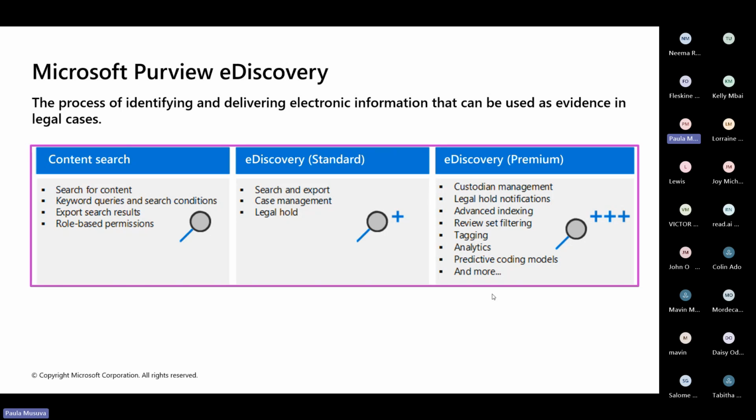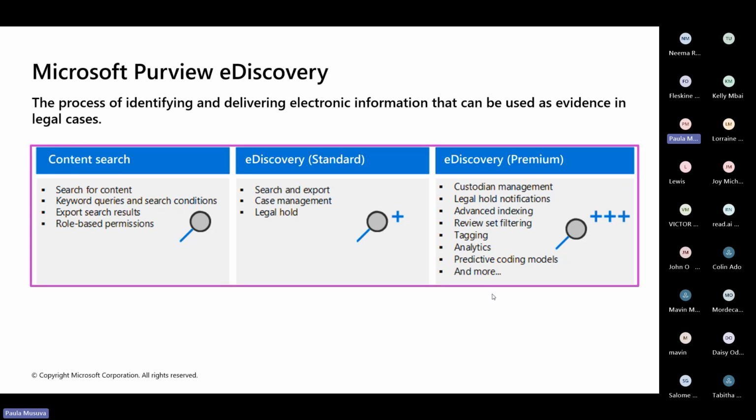So there are two tiers. You can see there's electronic discovery standard and electronic discovery premium. And those basically are features that Purview enables. Like if you want to think about it as licensing, and then they will have a cost element to them, depending on which tier you're using.